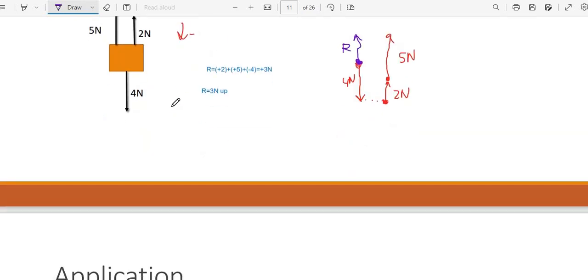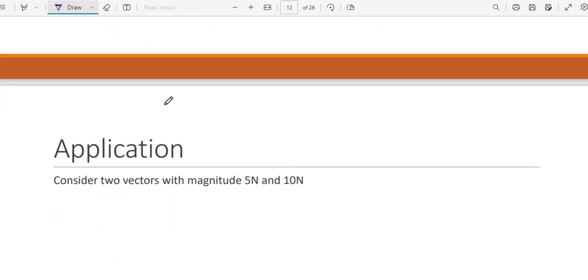Okay, so that will be the resultant. And now, let us look at 2 vectors, 5 Newton and 10 Newton. And at this point, we do not know what the direction of these vectors are. But we can try to figure out what the minimum resultant is going to be or what the maximum resultant is going to be.